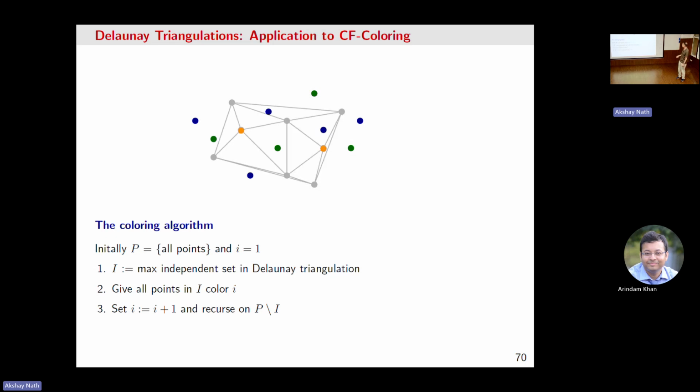I want a large independent set, so that the number of iterations is small. We're not concerned with how much time it takes to compute. So the question is, how large can we always pick this independent set?